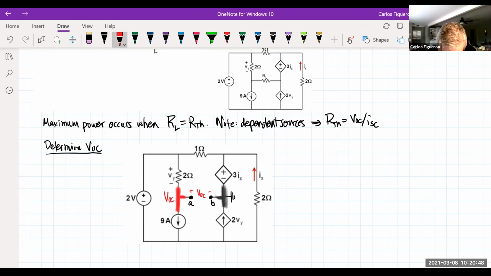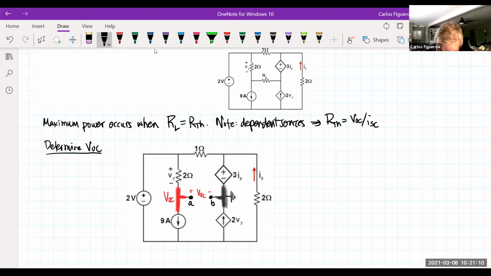That way I don't have to think about how to do this thing. Now, the thing that's interesting is that note that that 9 amp is in series with the 2 ohm resistor. So I immediately know what Vy is.